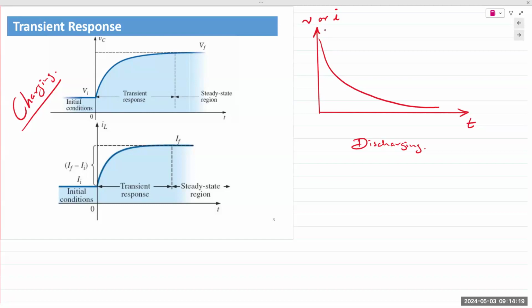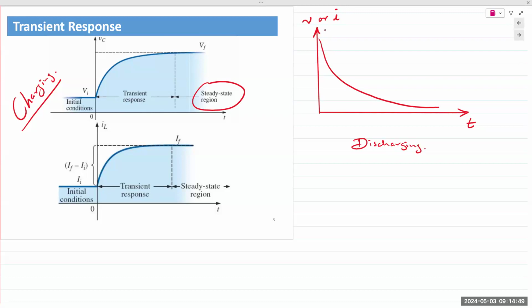Steady state applies to both DC as well as AC. Right now we will deal only with DC. We are not going to go too deep into AC transient responses. After a certain point in time, the voltage and current for the inductor and capacitor does not change with respect to time once it reaches full charge. That is known as the steady state response. In the graph, it is known as the steady state region.